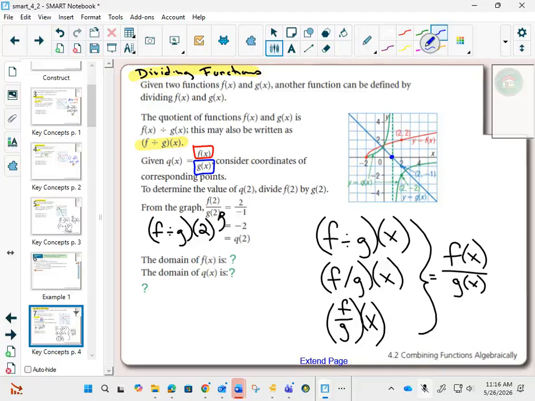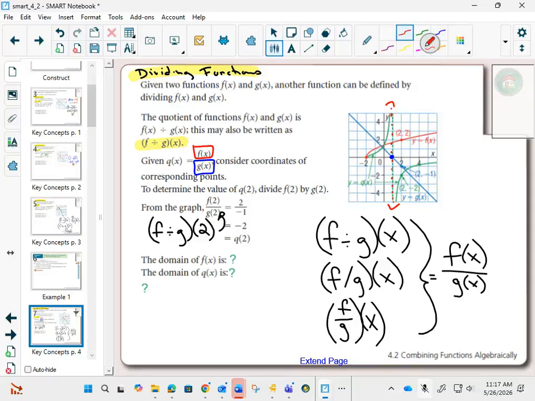Non-permissible values either end up with holes or vertical asymptotes. Almost always in this unit, they end up as vertical asymptotes. The only way they end up as holes is if your red graph and blue graph crossed each other right on the x-intercept, then it'll probably be a hole in your graph. But if just the blue graph is equal to 0 and not the red graph at the same time, then it will be an asymptote. So that's going to be important.